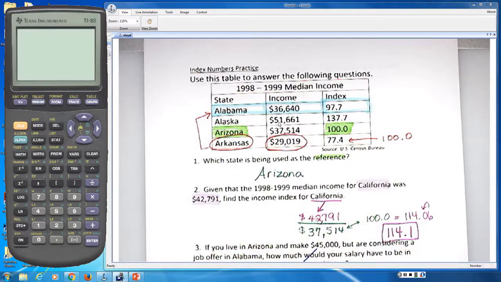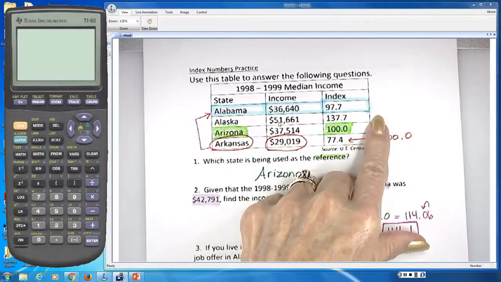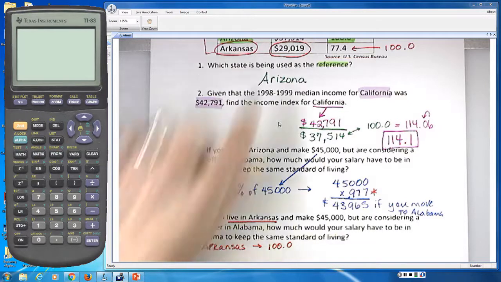Alabama. Is Alabama's income higher or lower? Okay, it's higher. So is the index going to be more than 1 or less than 1? More than 1. So the first thing we need to do, remember, if you live in Arkansas, then Arkansas is going to be the 100. And Arkansas's money value is how much?